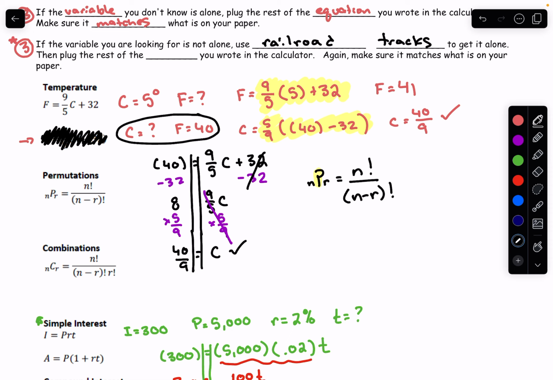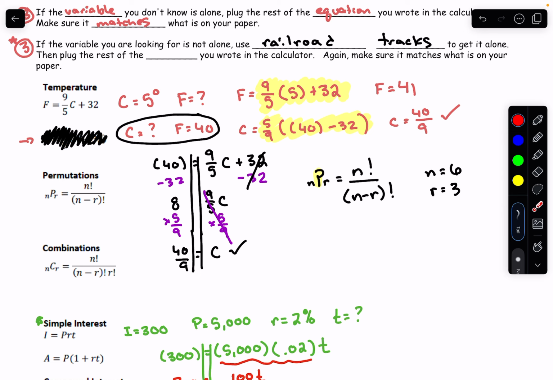Basically, this formula is saying if you take n number of people, so let's pick numbers. Let's keep this simple: n equals 6, and r equals 3. So what this equation is saying is if you have 6 people and you permutate 3 of them, you end up with this number.